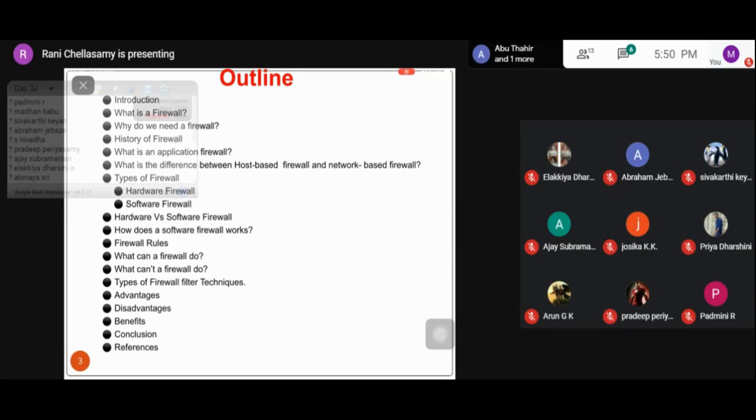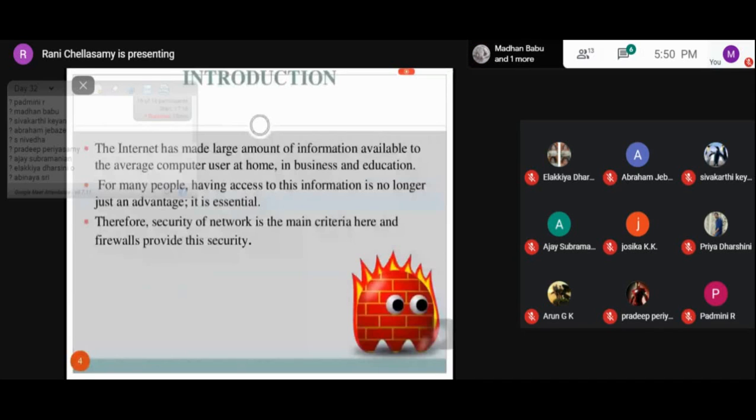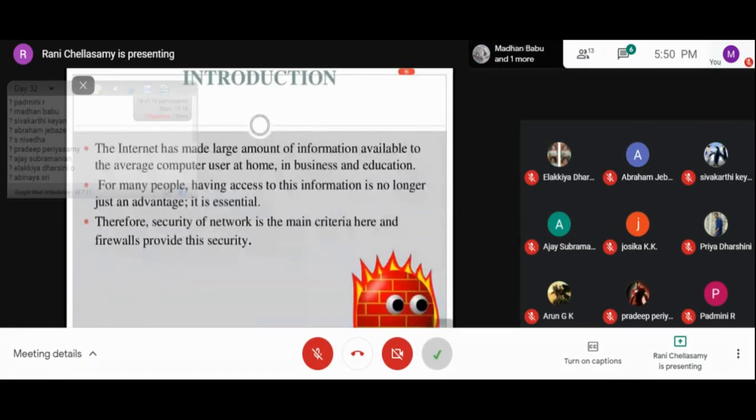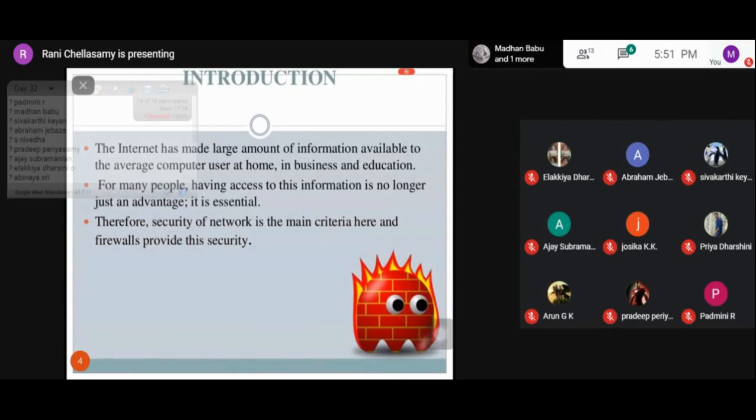So what is the introduction part of firewall? Okay, so in the internet you might have seen so many amount of information available. So that information can be accessed by the users at the home. There is home users, business users, education users. So there are so many uses of the internet. So okay, so for many people they are in need to access some information.